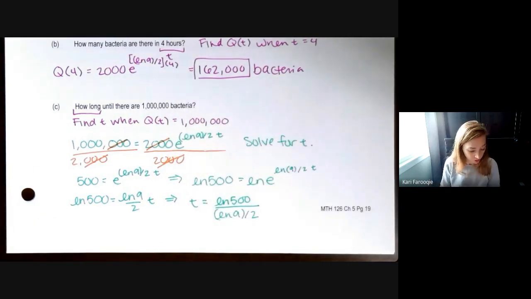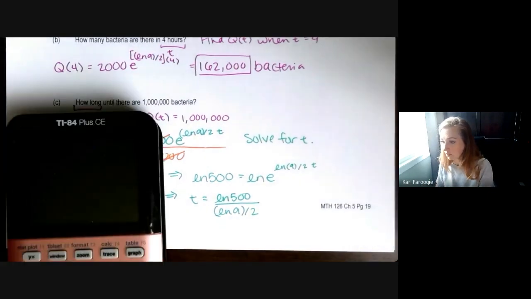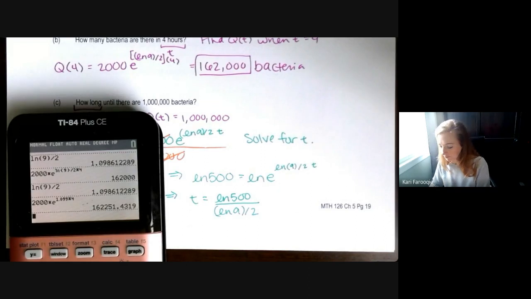Okay, and we're going to have to be careful with how we put this into our calculators. We could just remove the complex fraction here, but I don't want to make this look super complicated. So we'll just solve for a value of t here in our calculators. Simplify this value out a little bit.